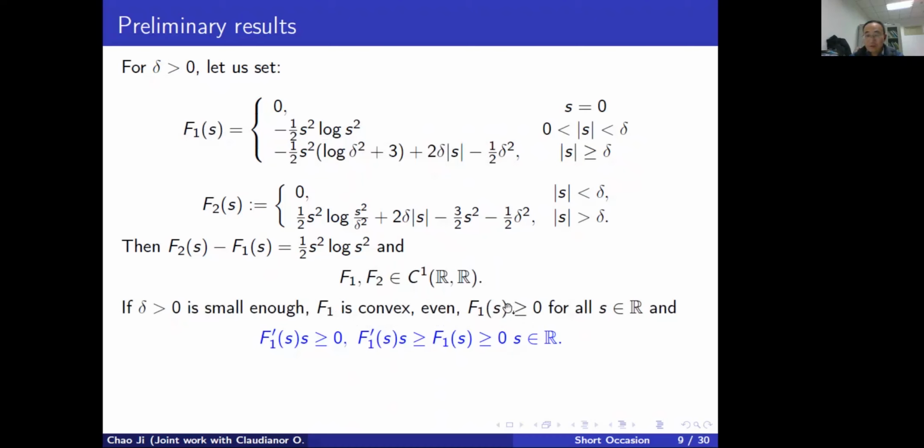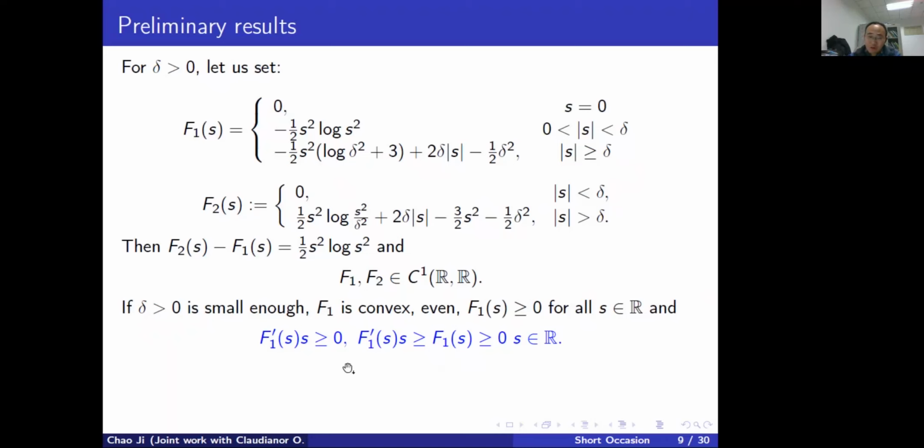Because of this, the integral of f1 over Rn is lower semi-continuous. We also need this inequality. Why? Suppose the functional g satisfies the PS condition: for example, g of un goes to c, g prime of un goes to 0, and the sequence un is bounded and un goes to u strongly in H1 of Rn.